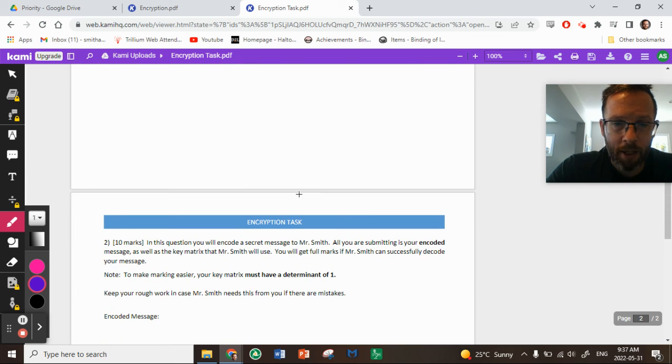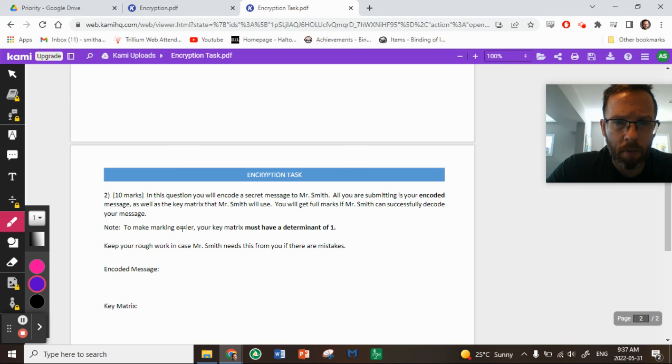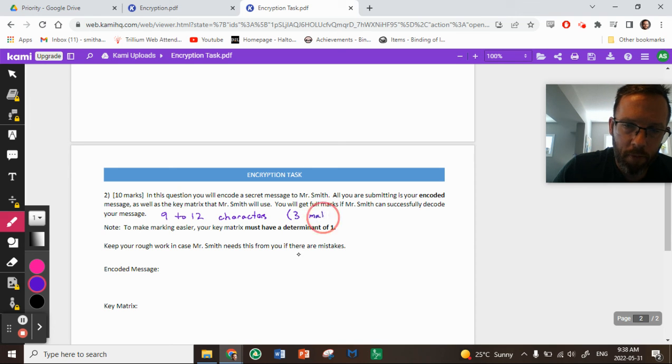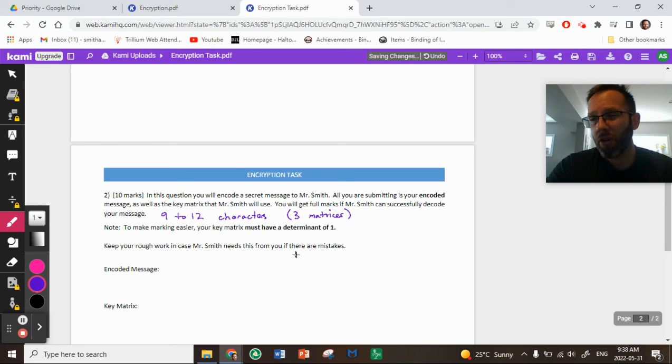However, it should be 9 to 12 characters long, which basically means you'll need to store it in 3 matrices. I don't want a huge paragraph, so just keep it to 3. But I'd like you guys to do 3 just for a next level problem.